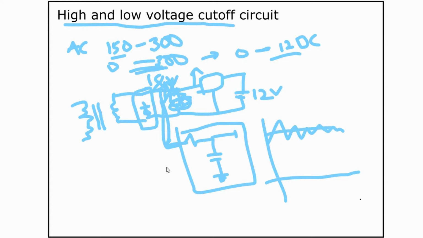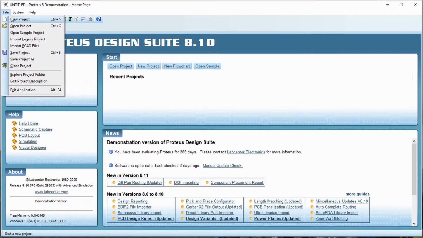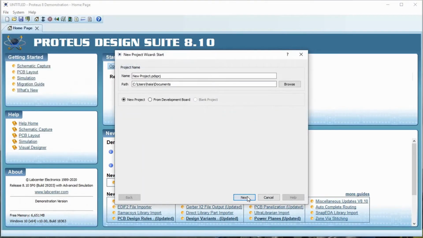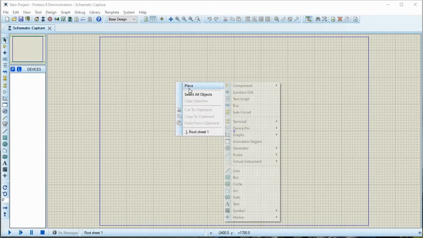Now let's start off with the simulation and slowly simulate one by one and check out how we can build this. Let's design in Proteus and see how it goes. We'll go step by step. New project. Our supply will be a 230 volt supply.